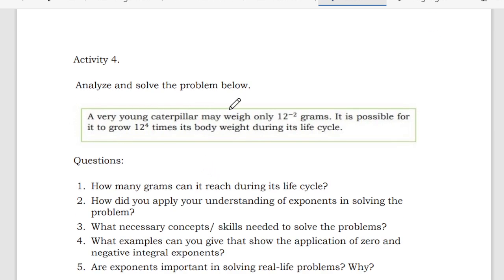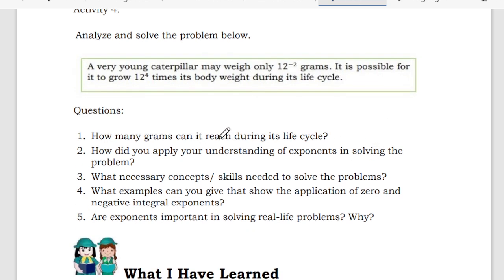A very young caterpillar may weigh only 12 raised to negative 2 grams. It is possible for it to grow 12 raised to the fourth power times its body weight during its life cycle. So how many grams did it reach during its life cycle? So you just answer the problem and then just write it here.